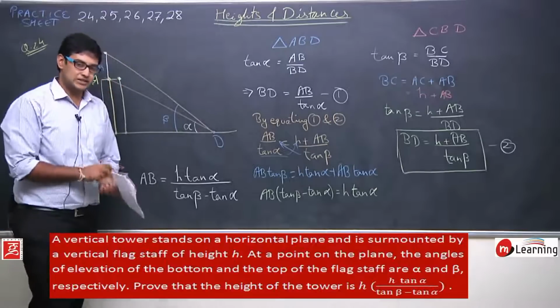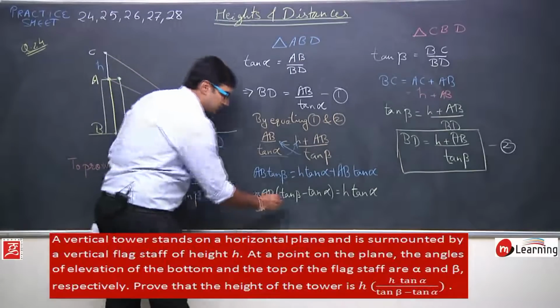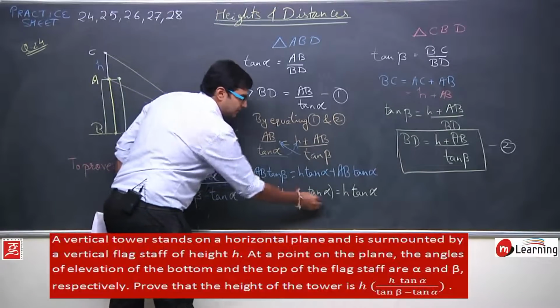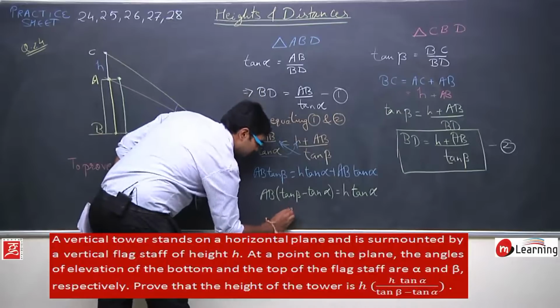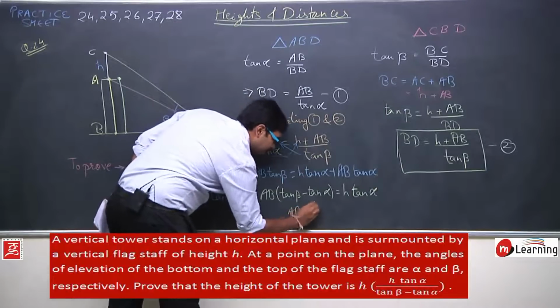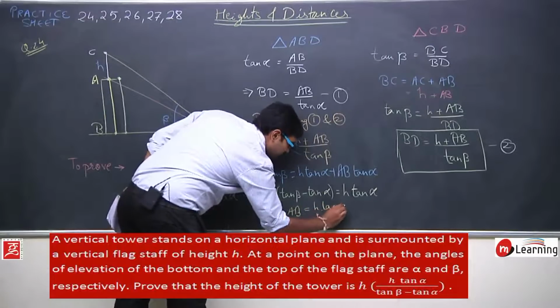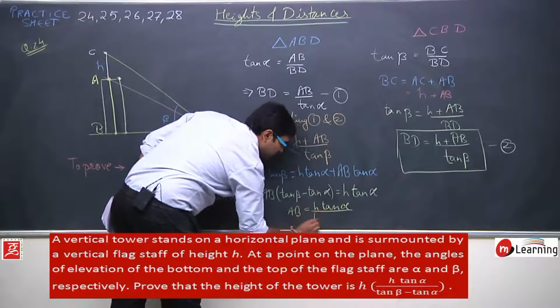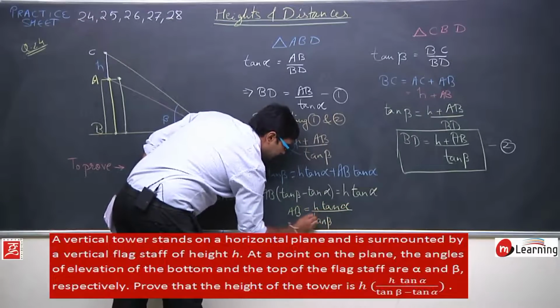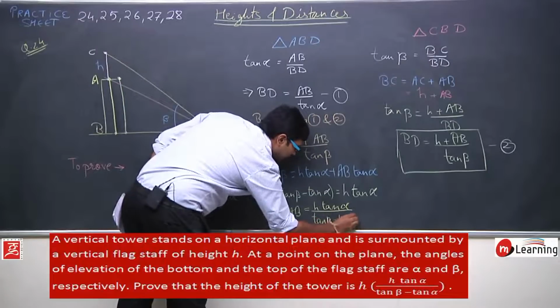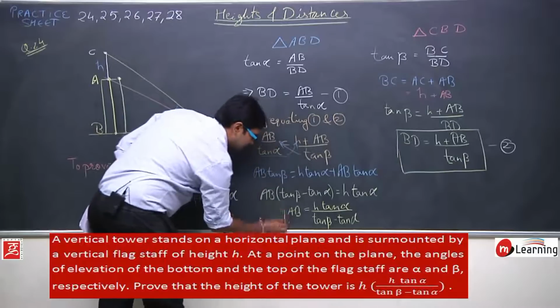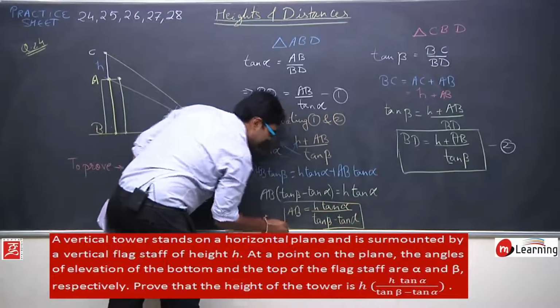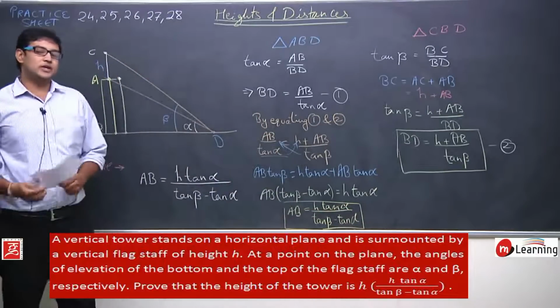Then I can shift tan beta minus tan alpha to the RHS, so the value of AB will become H tan alpha divided by tan beta minus tan alpha, and this is the condition which is to be proved.